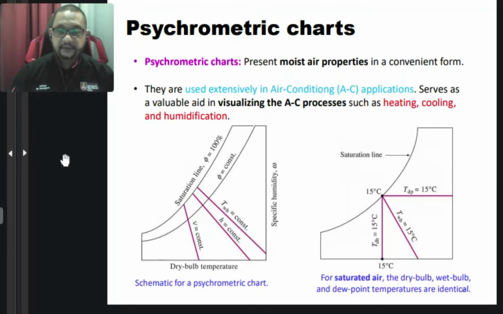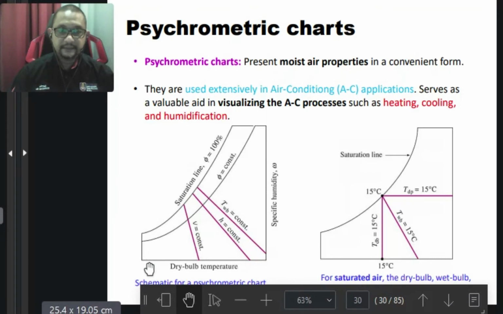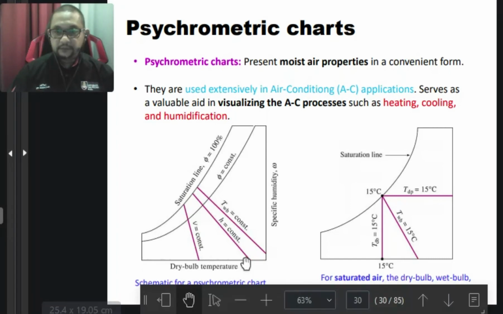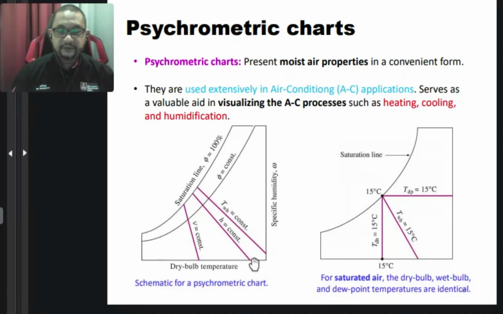As you see here, the dry bulb temperature is shown on the horizontal axis, and the specific humidity is shown on the vertical axis. When you look at the left end of the chart, there is a curve called the saturation line, instead of a straight line.